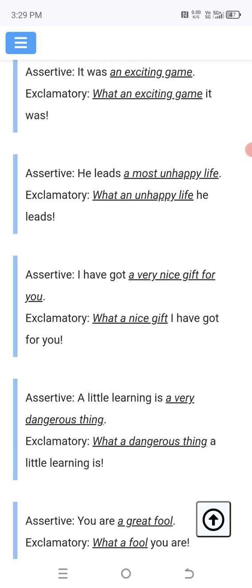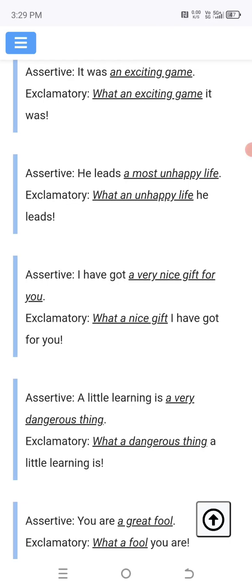That's why we should begin our sentence with the word what while we change it into exclamatory. So, what an exciting game it was. What an exciting game it was is the correct answer of that sentence.